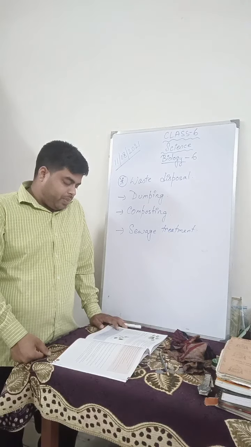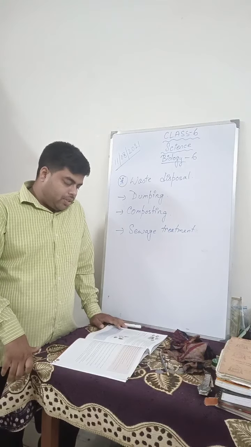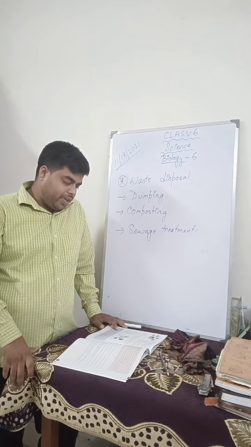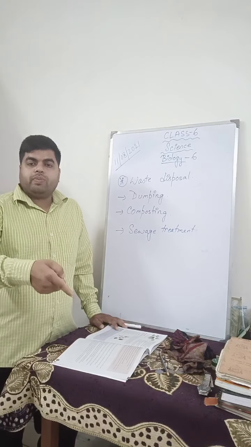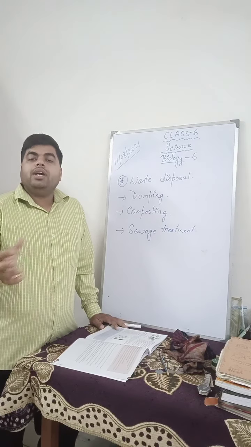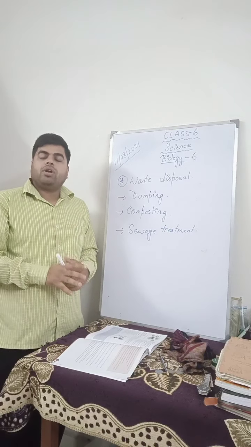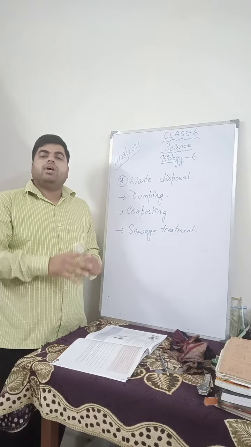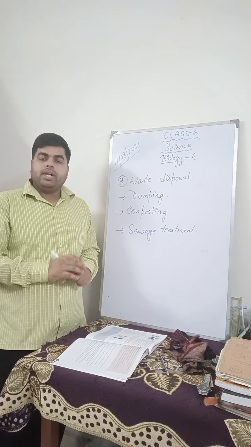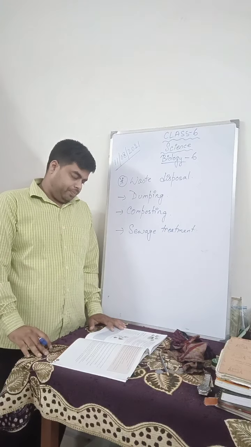The tertiary treatment, that is the final level, involves the removal of residual waste and disinfecting the water. That means we have used microorganisms in that. In the third level, chemicals are added so that the microorganisms can be removed and the water is made pure, so that it can be consumed by us.